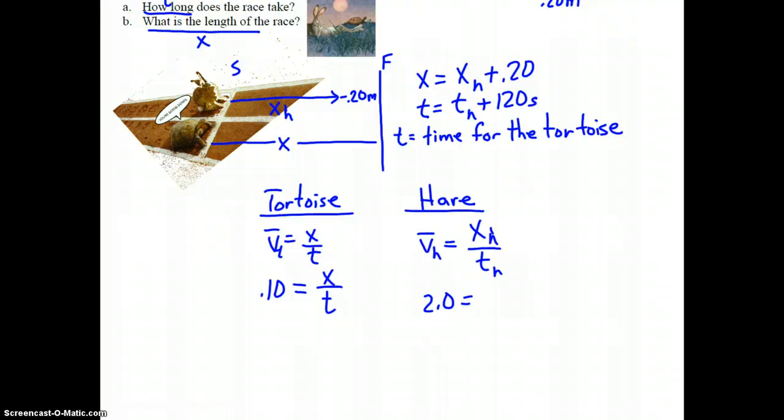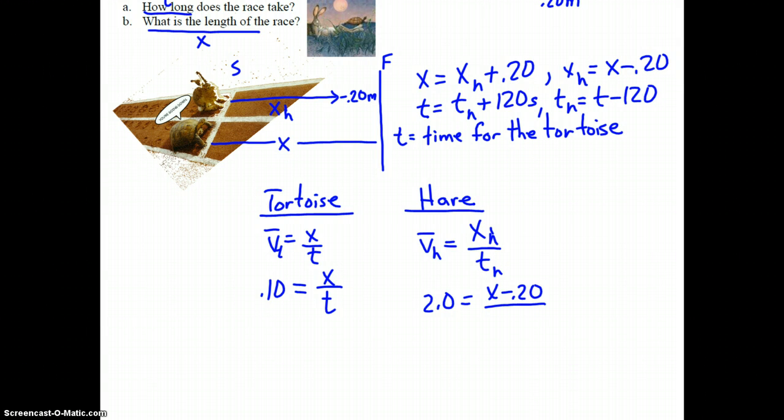Well, if we solve this equation for xh, that would be x minus 0.20. What we can do is substitute that value of xh in the numerator of our motion equation down here for the hare. So xh is the same as x minus 0.20 divided by th. And of course, th solved here would be t minus 120.